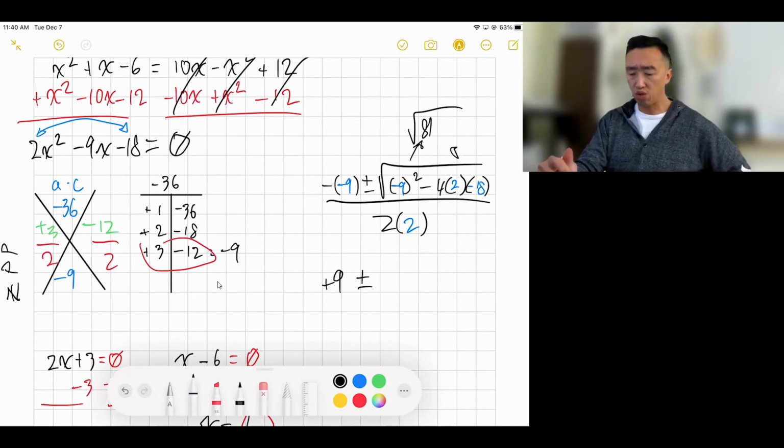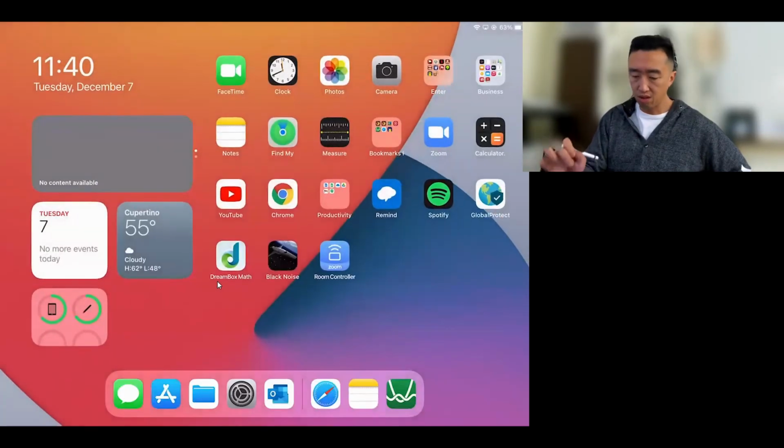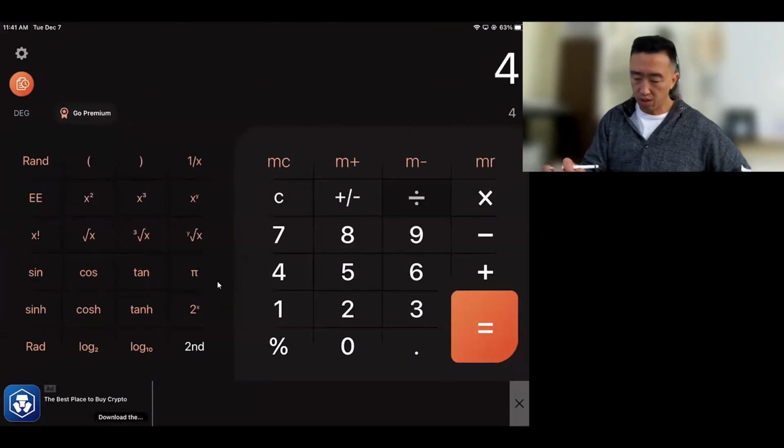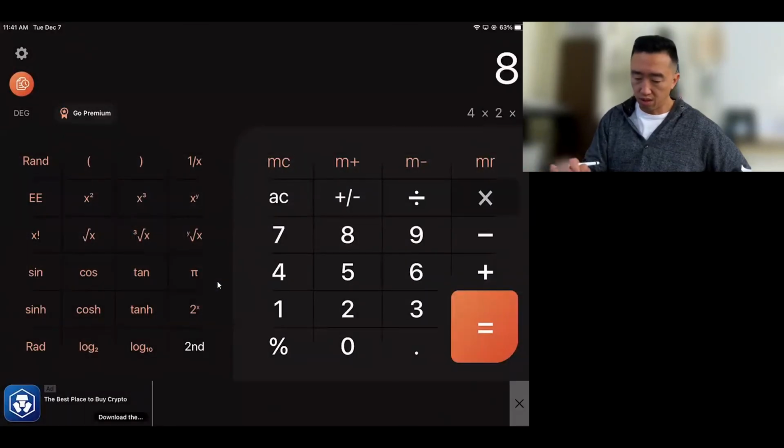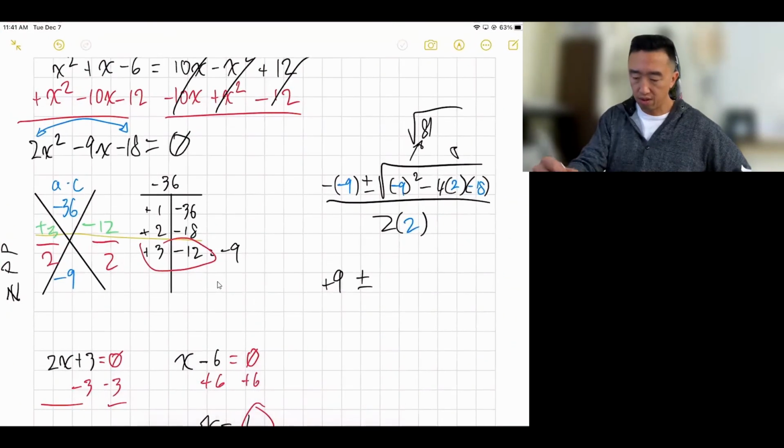And that gives me 4 times 2 times 18, which is 144, plus 81, 225, right?